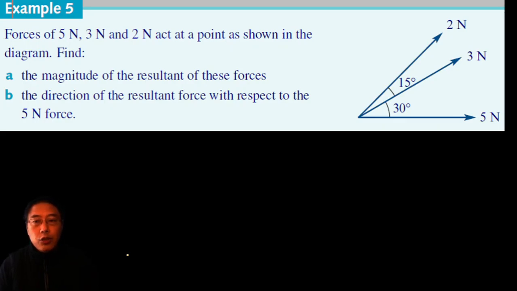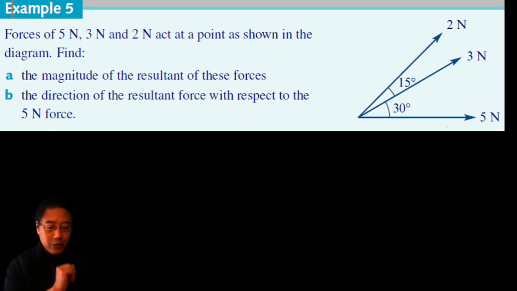next situation, you have three vectors. Find the magnitude of the resultant force. So first you will find the resultant force in vector form, and then you extract the modulus, and with the direction of the resultant force, you have the magnitude from part A. Determine the angle to the 5 Newton force, as it is the horizontal.